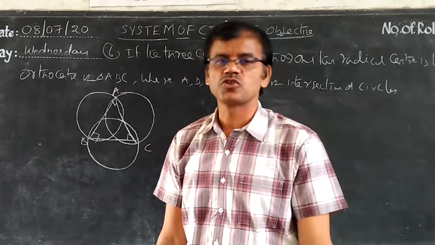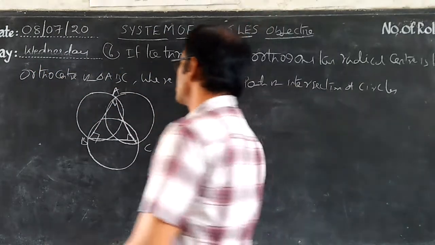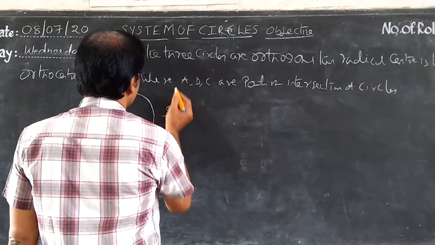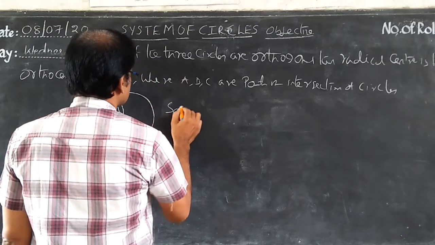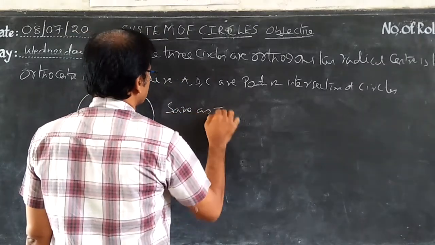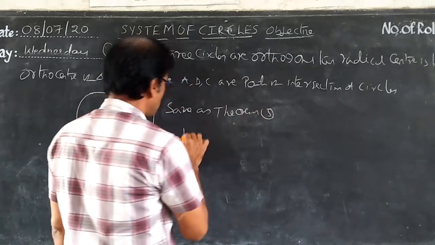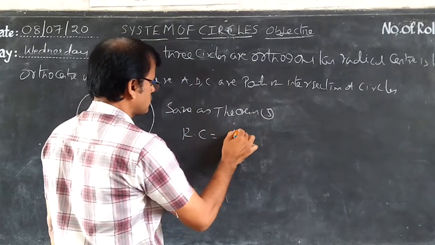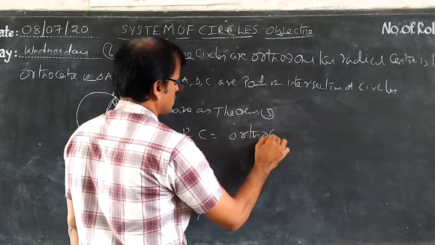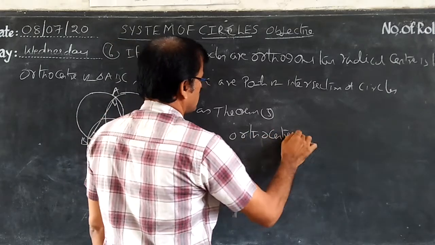The three circles are mutually orthogonal. Similarly, same as theorem 5, radical center is equal to orthocenter.